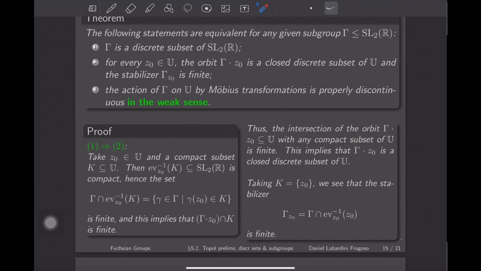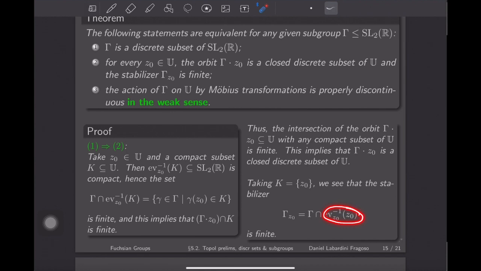And now I only have to show that stabilizers are always finite. But then again, the point is that we already saw how to compute the stabilizer in terms of the evaluation. Right? The stabilizer is just all the matrices that send Z naught to itself. So this is the stabilizer, and Z naught, of course, is compact because it's only one point.